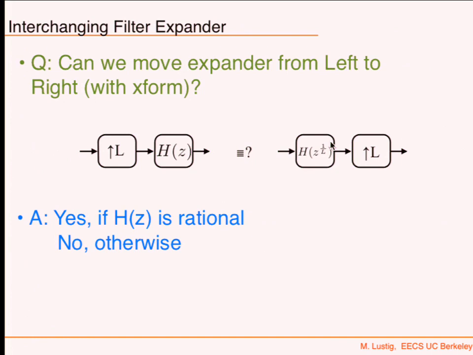If it has zeros in between, then I can compress it, which will expand in frequency. But that comes down to exactly the same thing that you're saying. Yeah, so it doesn't actually alias afterwards. That's right. So if H(z) is such, which means that it's actually going to be a result of an expansion, it's going to have zeros in between samples, then I can exchange that. But otherwise, it's not possible.